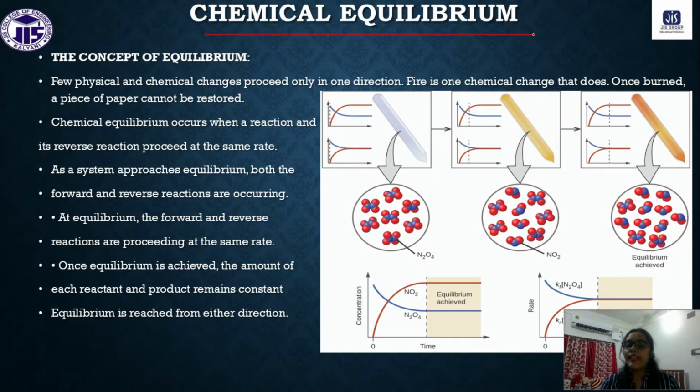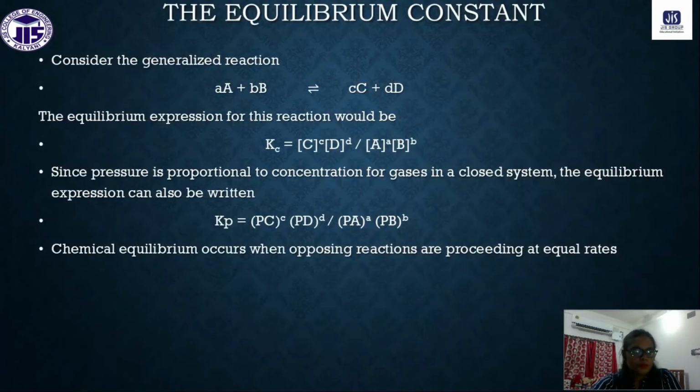Understand? That means the rate of formation of the product and the rate of dissociation of the product into the reactant will be the same. At that time we can say the reaction is in equilibrium. So this is the main concept of chemical equilibrium.